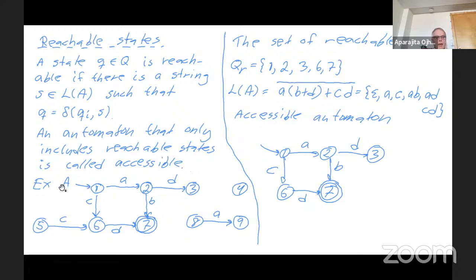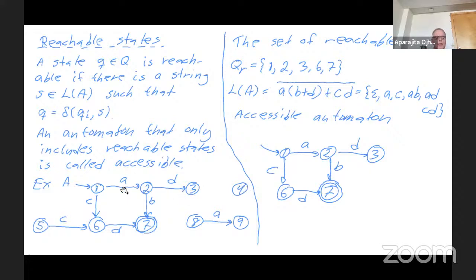So if we look here at this example, then we can ask ourselves which states here are reachable. Obviously, states 8 and 9 are not reachable because there is no transition from state 1 to these states. They are totally isolated. Also state 4.